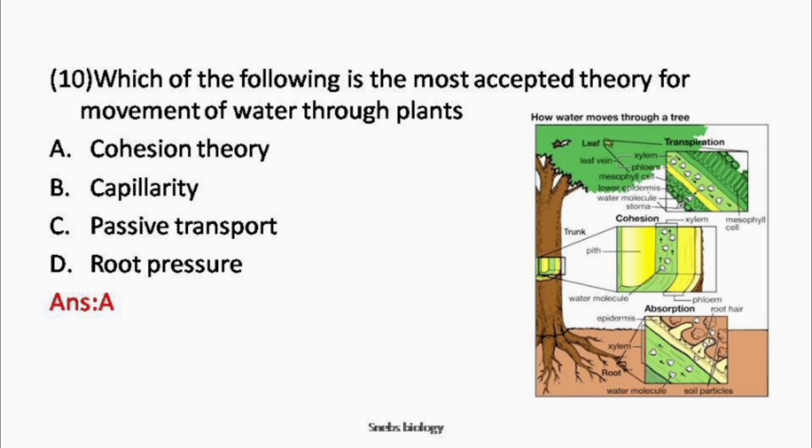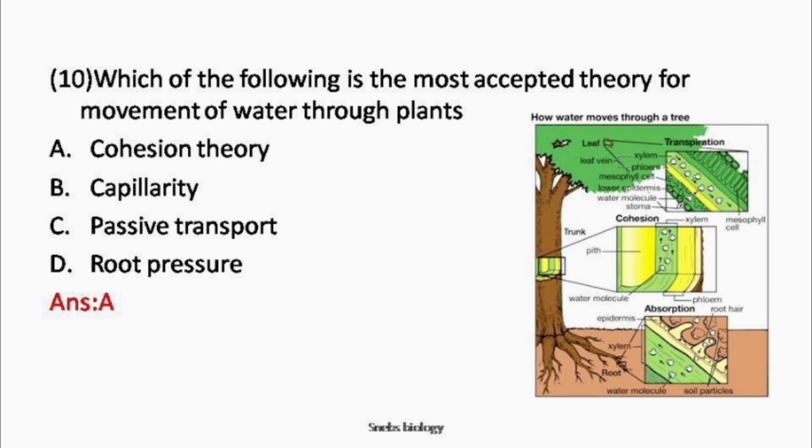So the most accepted theory of ascent of sap is the transpiration pull theory or cohesion tension theory proposed by Dixon and Joly in 1894. This theory states that water forms a continuous column from root to leaf through xylem ducts.